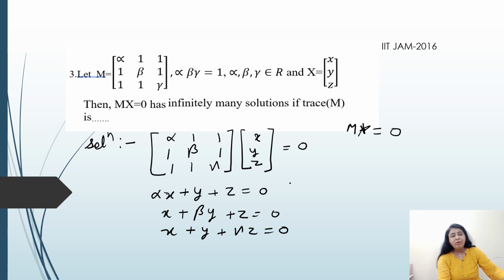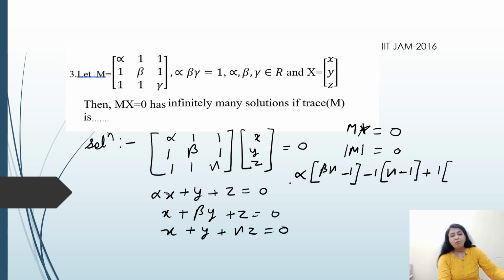Then the determinant of M will be 0. So find out the determinant. Expand it with the help of R1. So determinant will be α(βγ - 1), then you have 1 times (γ - 1), and then plus 1 times (1 - β).